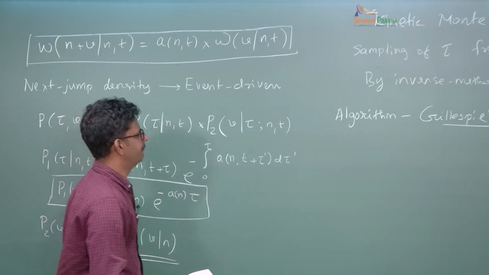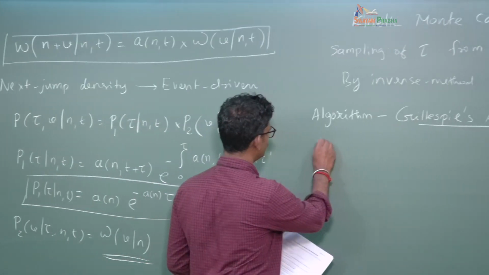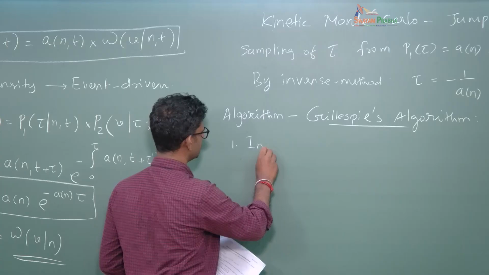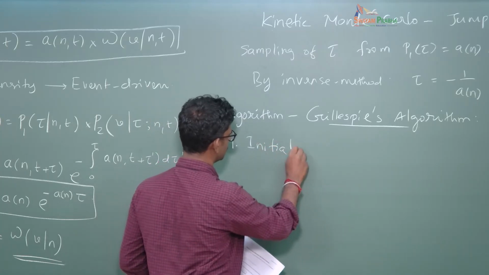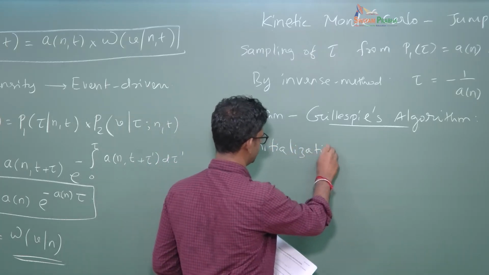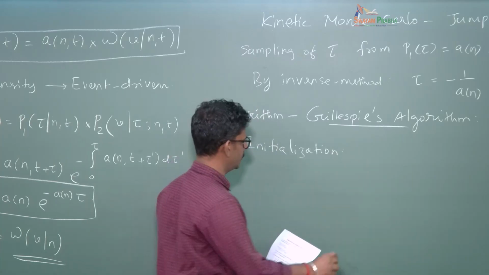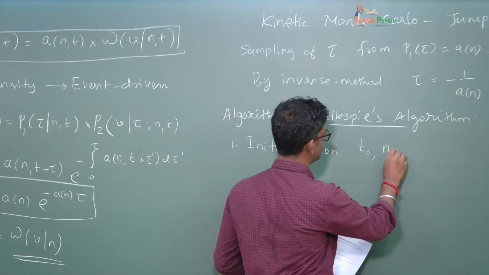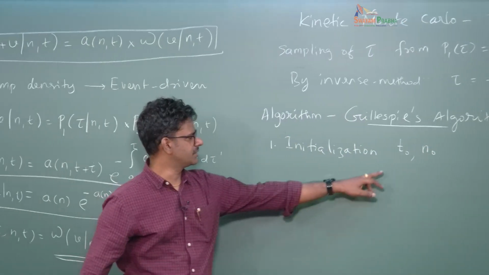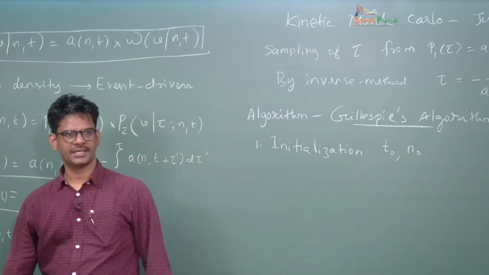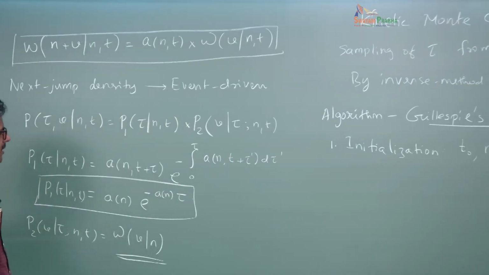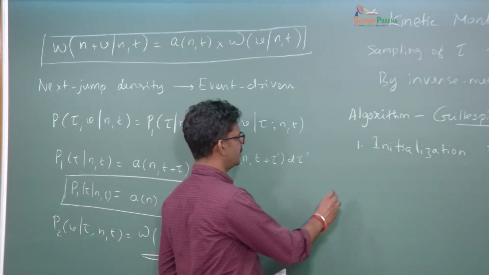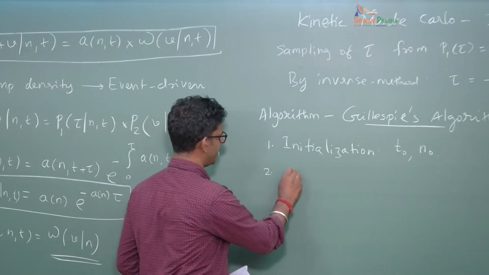It's a very simple few lines of code. So the first thing is initialization: you would say t naught and n naught. You initialize the time and then the state variable at time t equal to 0 or t naught, that is initialization.